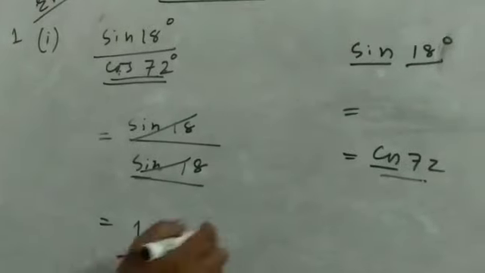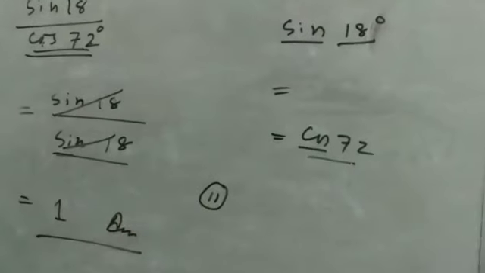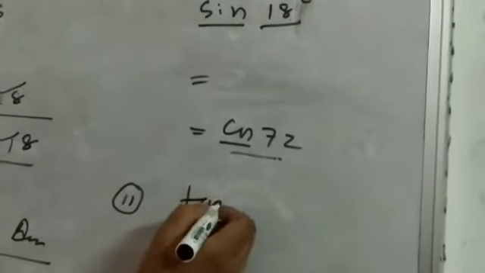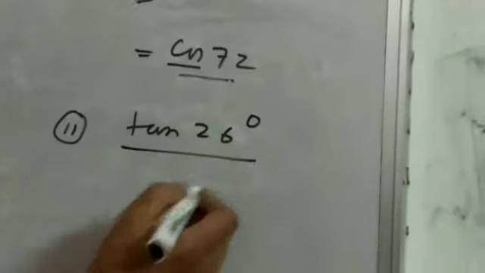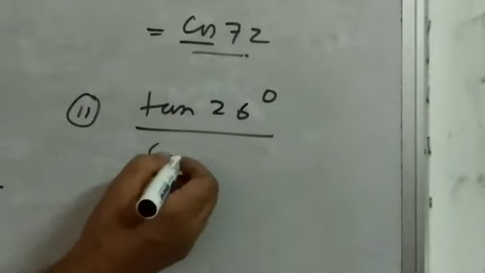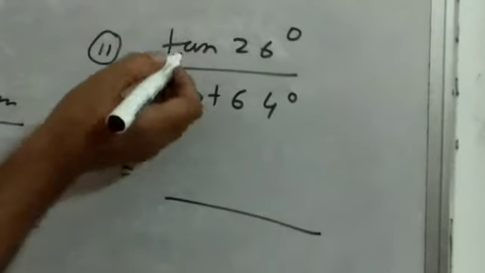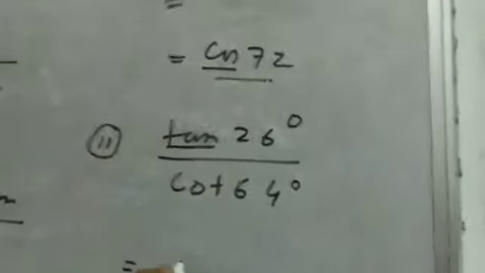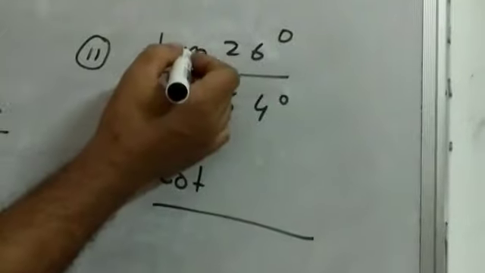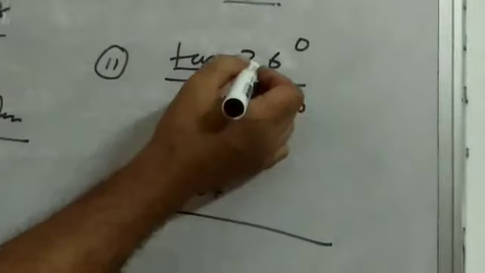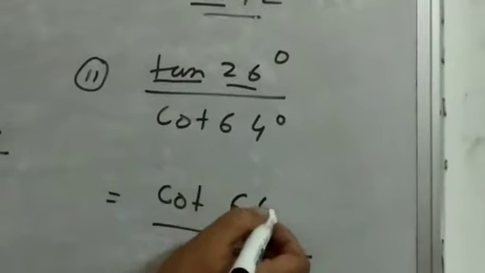Today up to question number 2 I will show, the others are all the same. Here it is given tan 26 degree divided by cot 64 degree. You have to evaluate. Suppose we change tan 26. The complement of tan is cot, and the complement of 26 is 64.